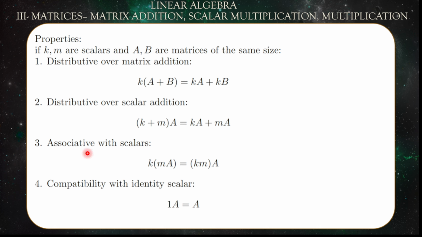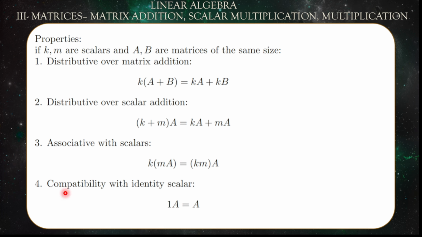Third, associative with scalars. So K times M times A, with K and M both scalar values and A being the matrix, is equal to K times M together, then the product of those two multiplied by A, which gets us the same value as multiplying M times A at first, then multiplying MA with K. Okay, so they are all equivalent.